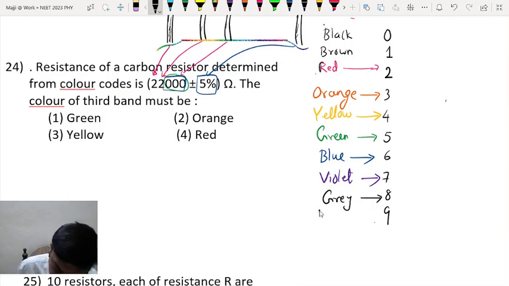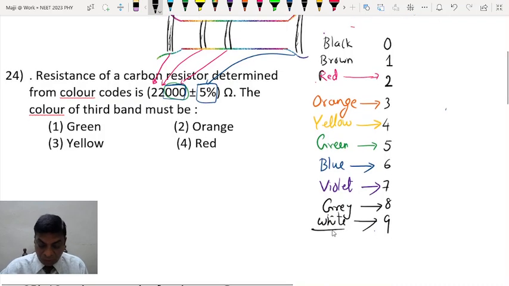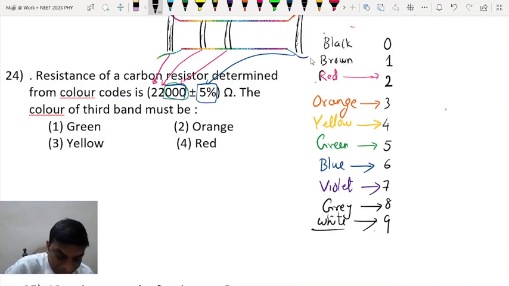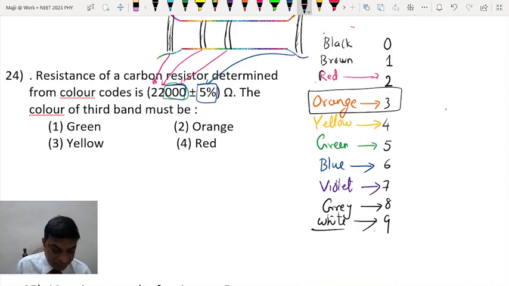White means colorless. So here you see orange is represented by 3, so the correct answer must be 3 anyway.